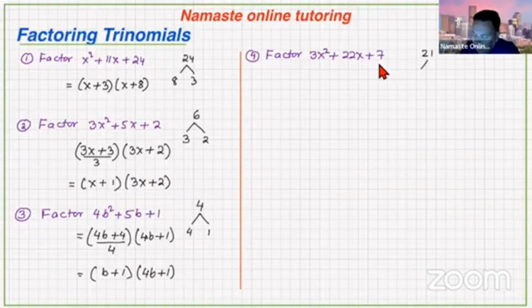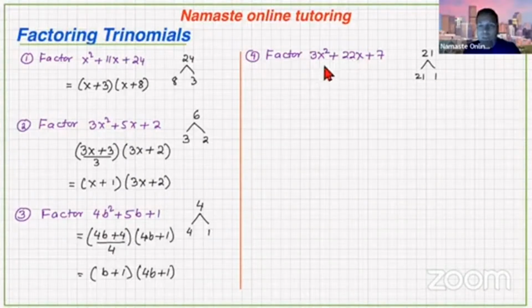And then we have to find two factors of 21 that will add to 22. So definitely that is 21 and 1, because 21 times 1 is 21, and 21 plus 1 is 22.